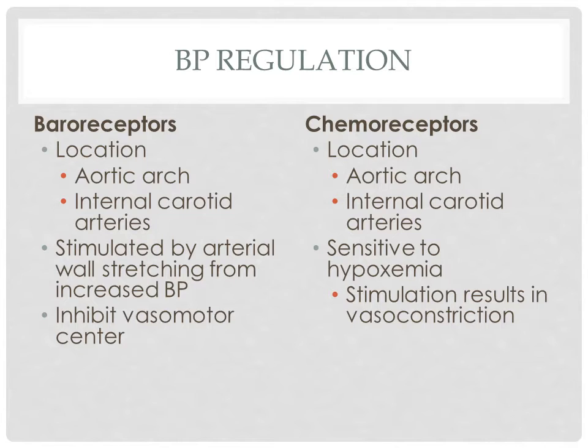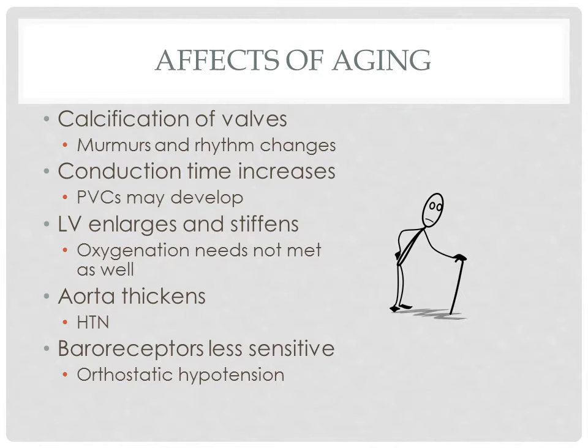Your chemoreceptors are sensitive to hypoxemia. The stimulation results in vasoconstriction. So your baroreceptors are going to decrease your blood pressure, and your chemoreceptors are going to increase your blood pressure.